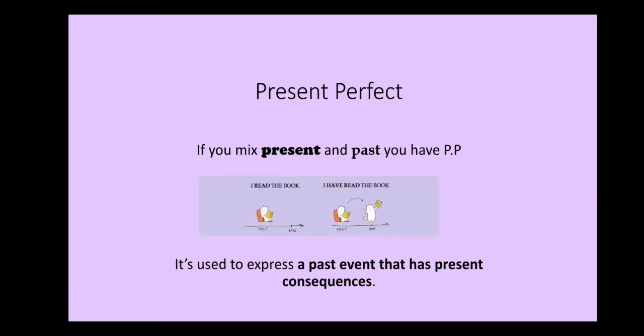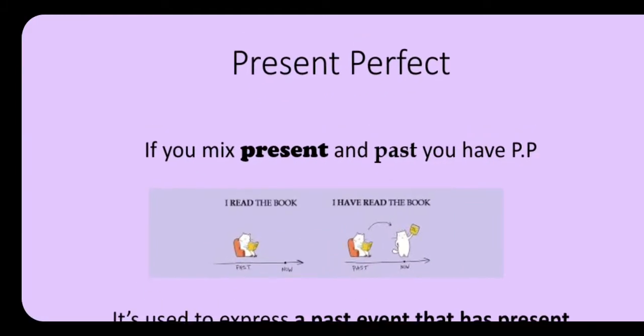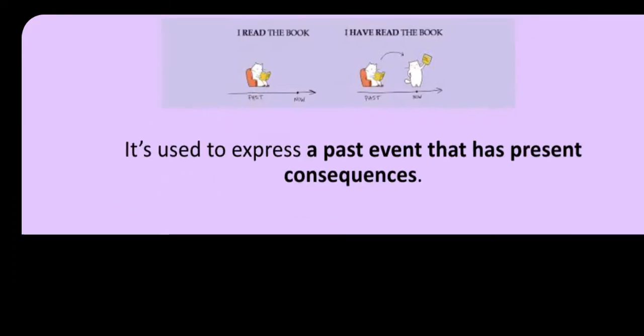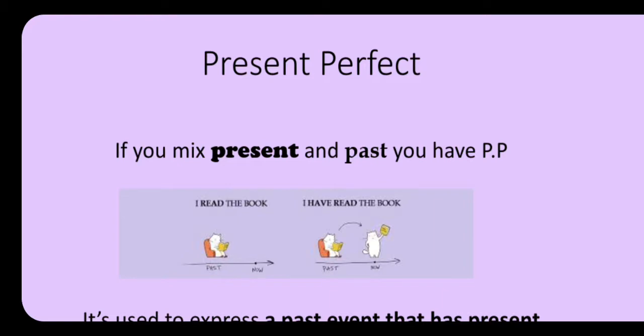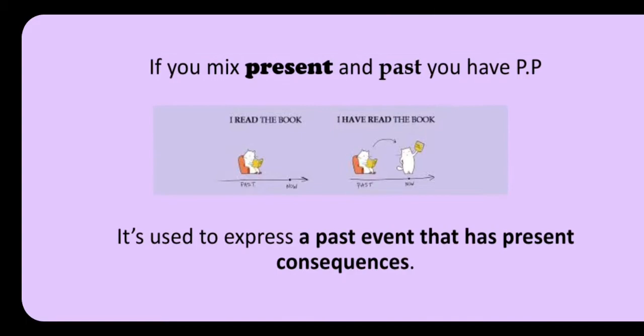Let's go back to the present perfect. What is the present perfect tense? If you mix present and past, you have the present perfect. We say that the present perfect is a combination of past and present because we use this tense to express a past event that has consequences in the present.